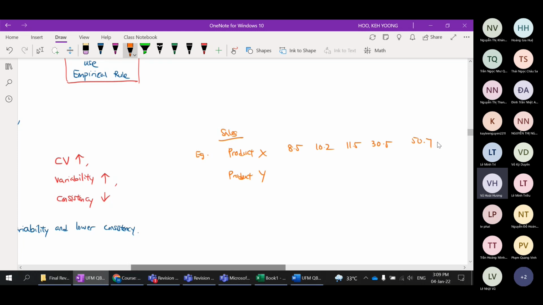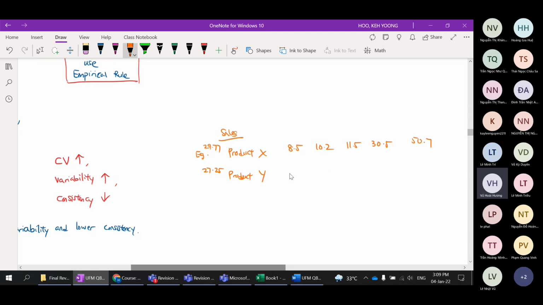But product Y has a much lower coefficient of variation. The mean for product X is 29.77, and the mean for product Y is also 27 something, but it has a much lower coefficient of variation.